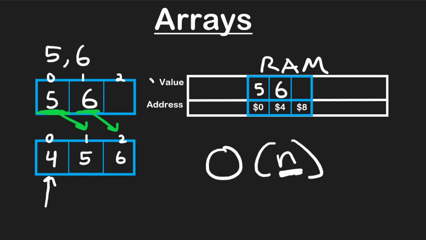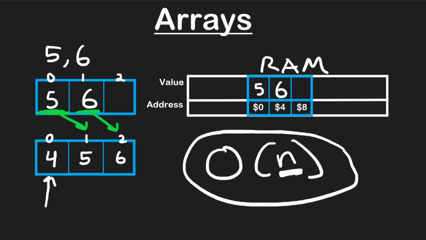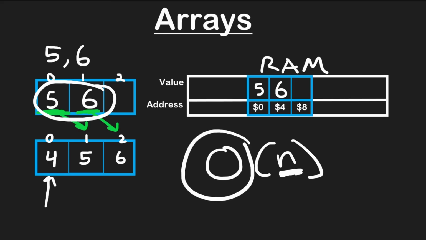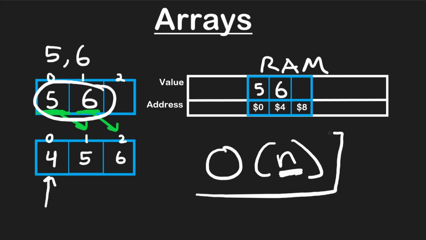But we don't want to go through every possible scenario, so we generalize it. We say in the worst case, if you're inserting a value in the middle of the array at any arbitrary position, we might have to shift every value. We might have to shift n values. So in the worst case, the time complexity is going to be big O of n.